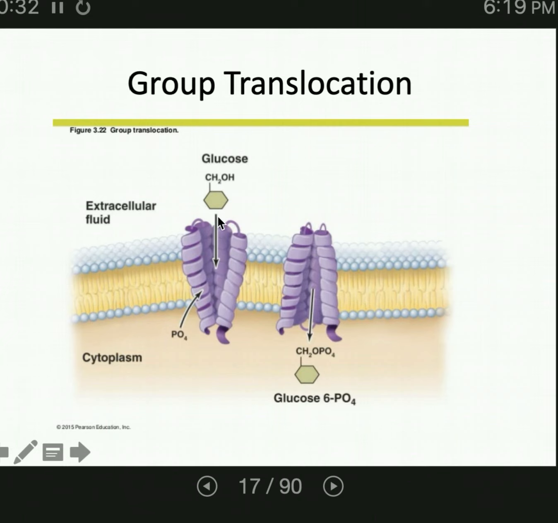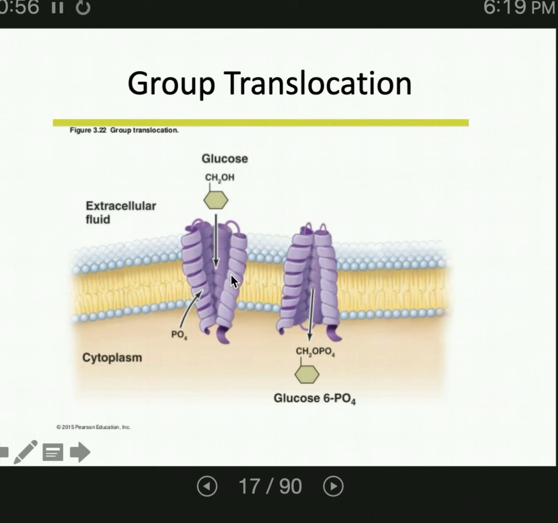So if you look at this, the cell wants to bring in sugar, okay? So sugar can fit perfectly in the receiving area, the docking area of this transport protein. And once it fits in there, the protein uses energy, it's not shown here, but it's going to use ATP, to move this sugar into the cell against its concentration gradient.